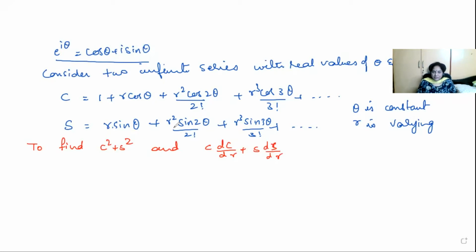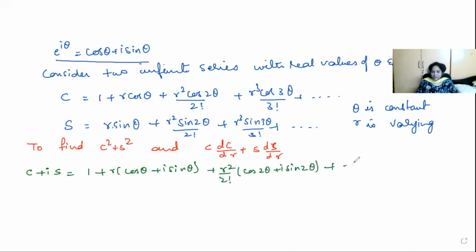When the question is constructed in this form, you can see cos theta grouped with i sin theta is simply replaced by e power i theta. So initially we have to find the value of c plus is. When we combine these two series, I get 1 plus r into cos theta plus i sin theta, plus r square by 2 factorial into cos 2 theta plus i sin 2 theta, and so on.